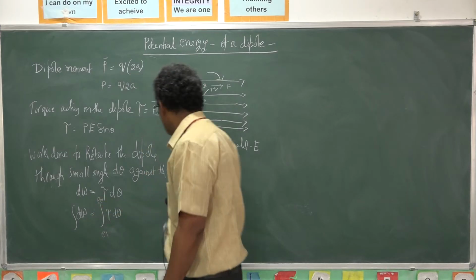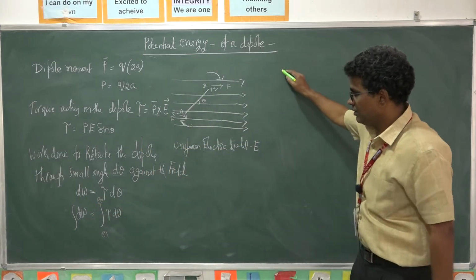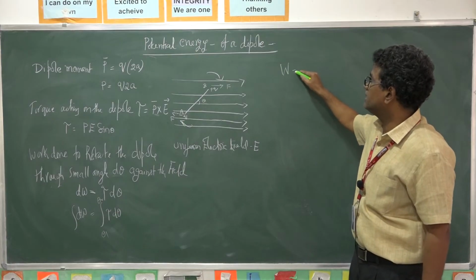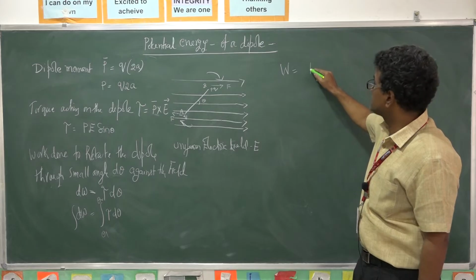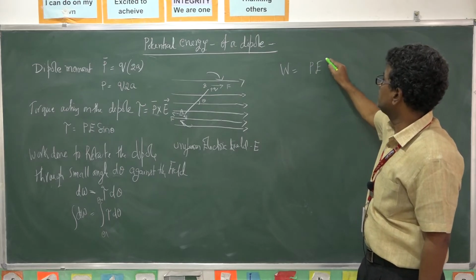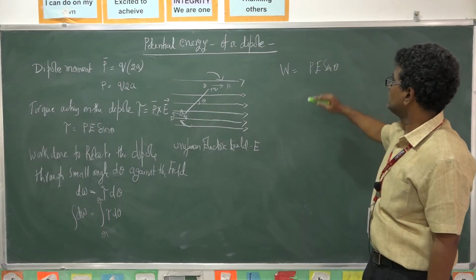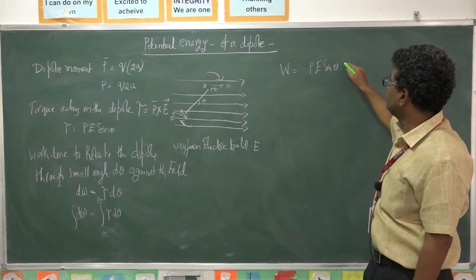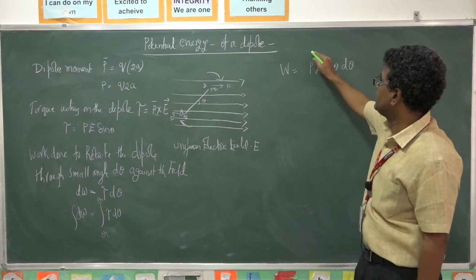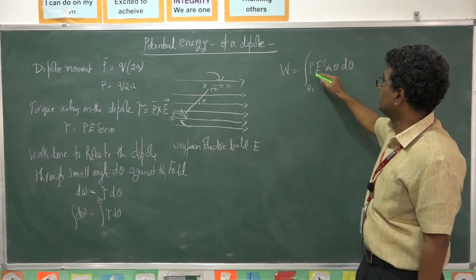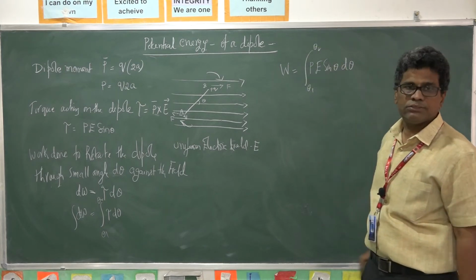The total work done I will write here. Total work done, W, where tau is PE sin theta, so PE sin theta into d theta, that we have to integrate between the limits theta 1 to theta 2.